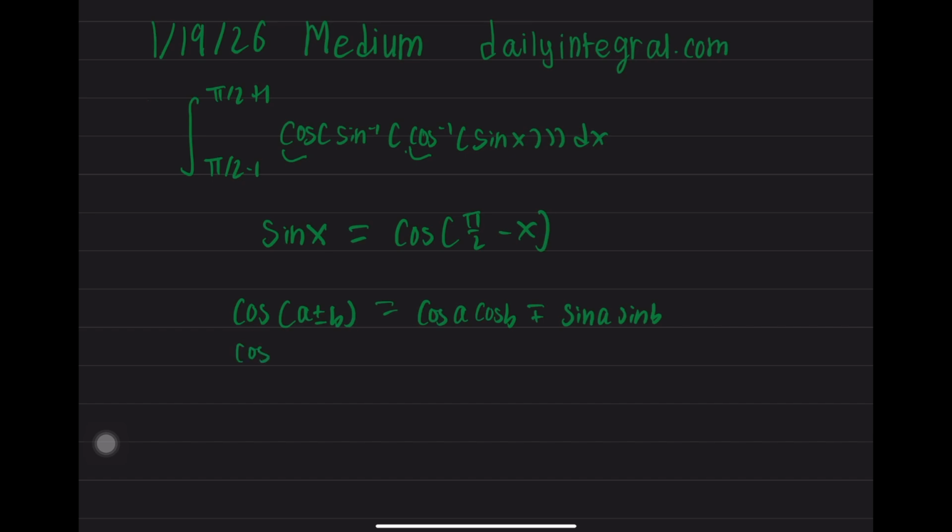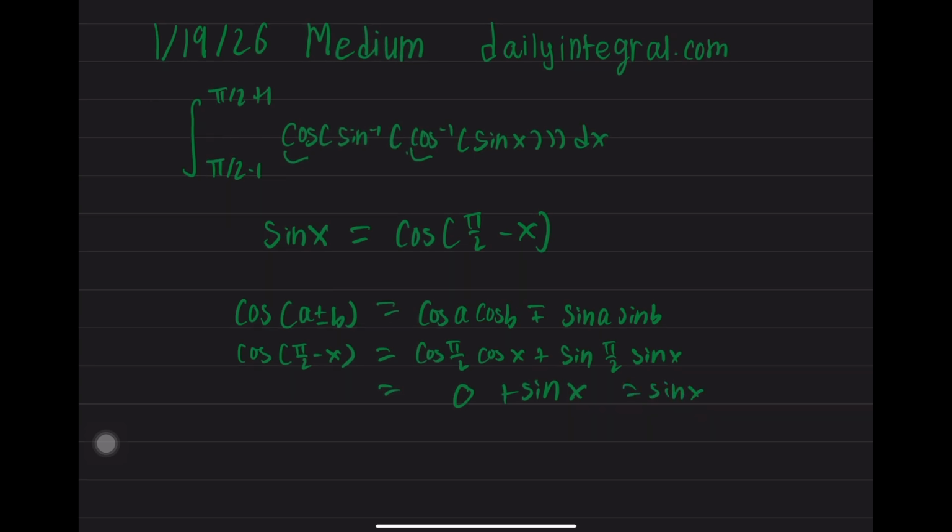So cosine of pi over 2 minus x is cosine of pi over 2 cosine of x, then since we have a minus, we turn that into a plus, sine of pi over 2 sine x. Cosine of pi over 2 is 0, so this whole thing becomes 0, plus sine x, and sine of pi over 2 is 1, so we get sine x. So these two things are definitely equal.